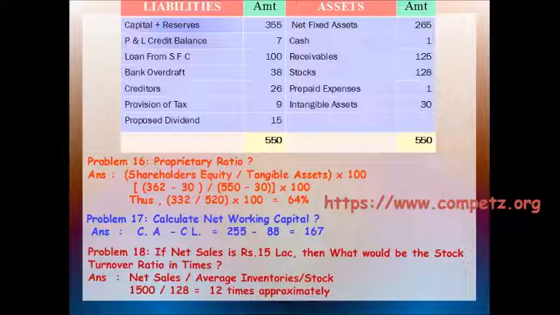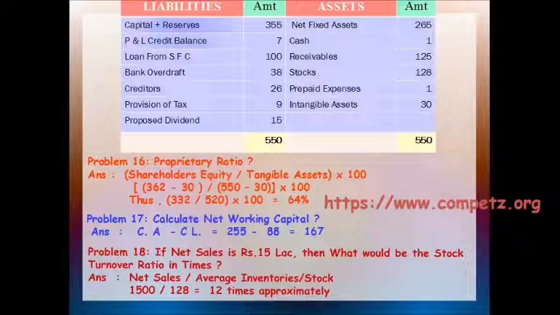So friends, what does it indicate? If your equity ratio is 64%, then 64% of the assets of a company are contributed by equity holders. The rest are from other borrowed funds.